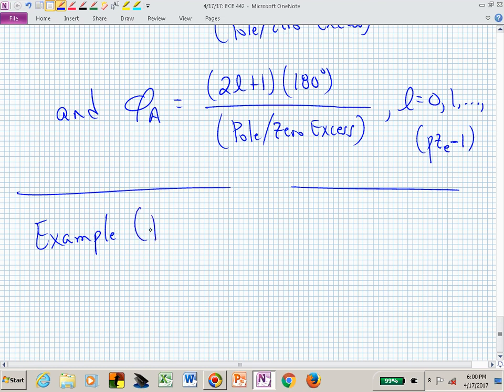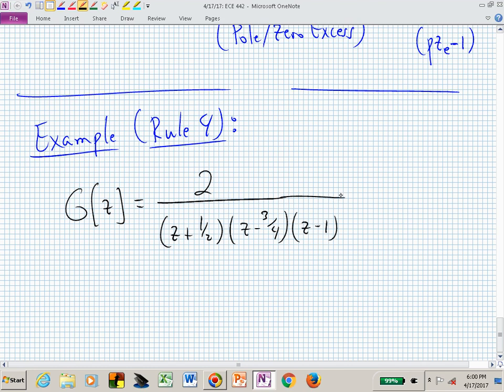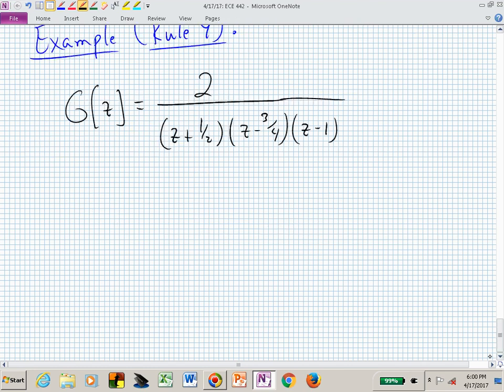Let's use a specific numerical example to help illustrate that. Suppose that g of z is 2 over z plus 1/2, z minus 3/4, and z minus 1. And you should actually be seeing this pole zero pattern as you start to write down that transfer function g of z.